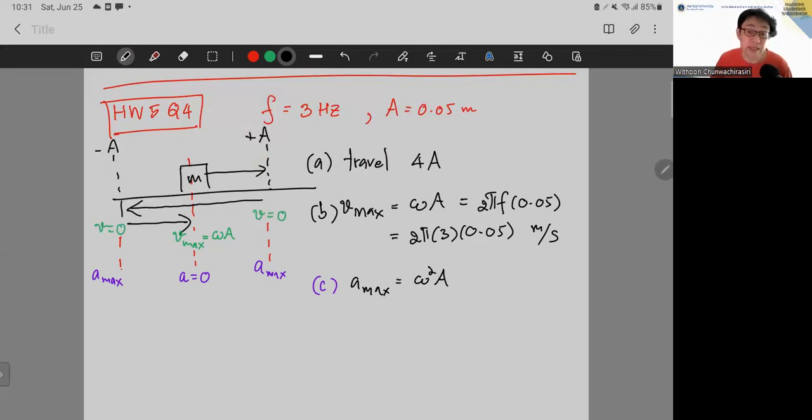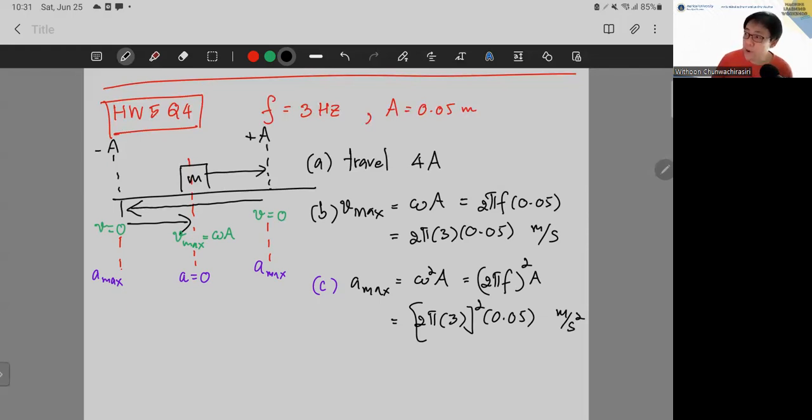It's going to be omega squared A. That will be your maximum acceleration. And that is just 2 pi f, the whole thing squared, times the A. And that's it, guys. So you take 2 pi times 3, the whole thing squared, and then you multiply by 0.05. Everything is in the SI system. It's going to be meters per second squared. And that's it. You are done.